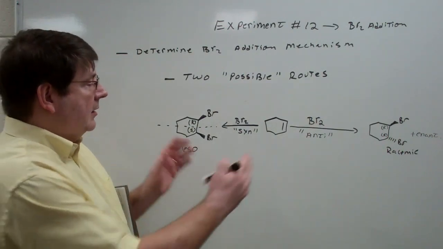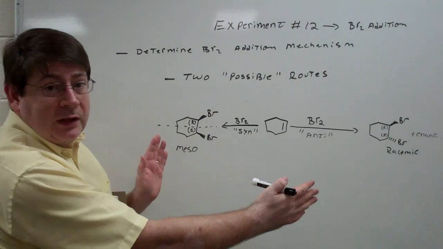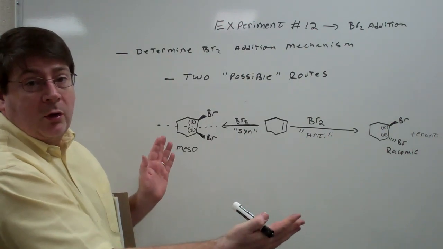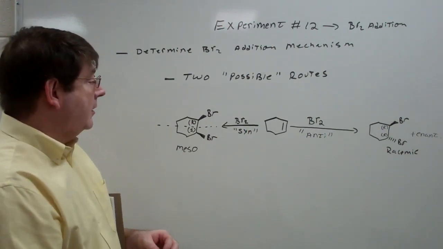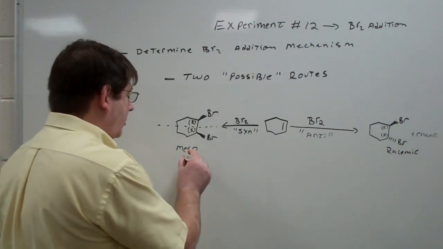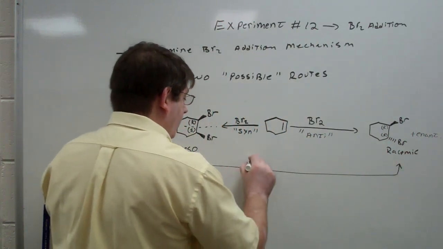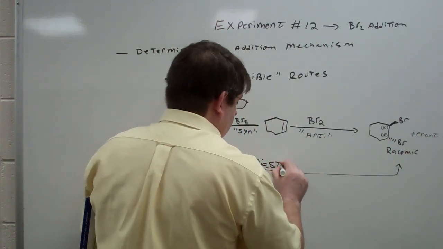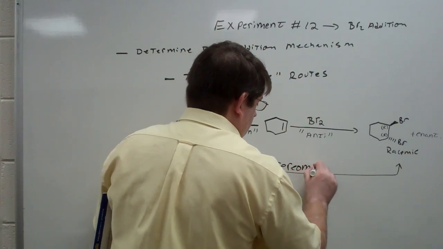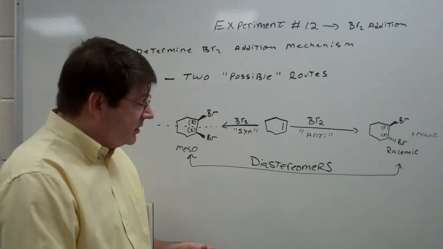The important thing about this scheme is that it allows one to determine whether you have anti-addition of bromine or syn addition, because a meso compound and this racemic mixture are diastereomers with respect to one another. What does that mean?